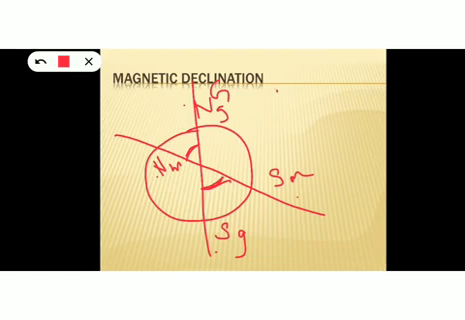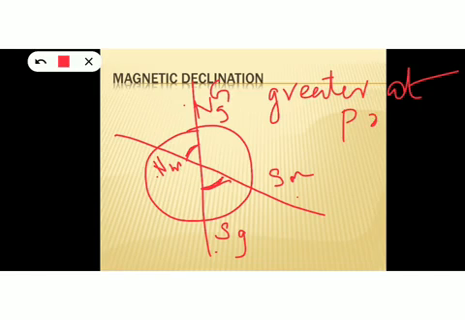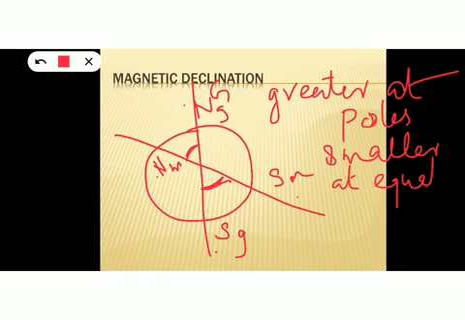So this magnetic declination will be greater at poles or high latitudes, and it will be smaller at equator.